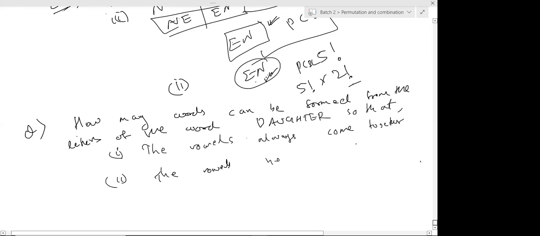The vowels never come together. All right. Try to solve this.